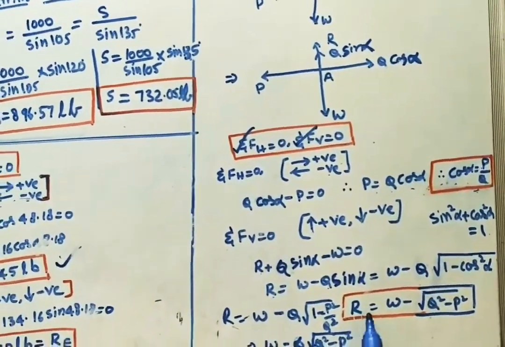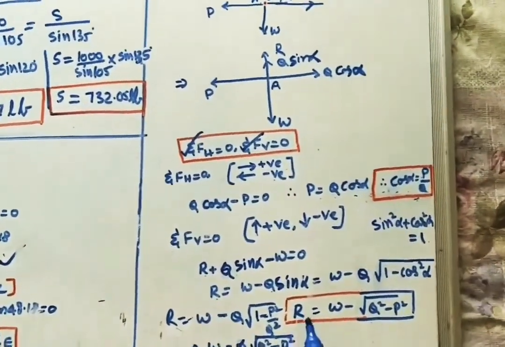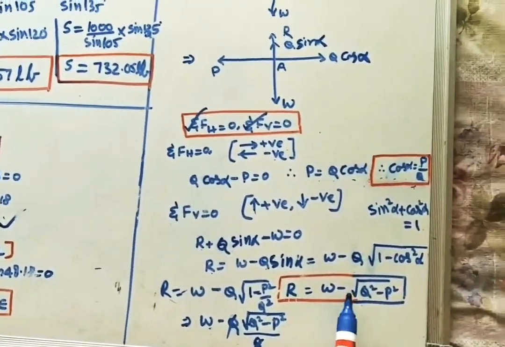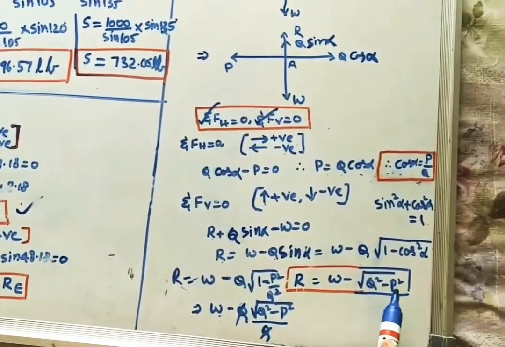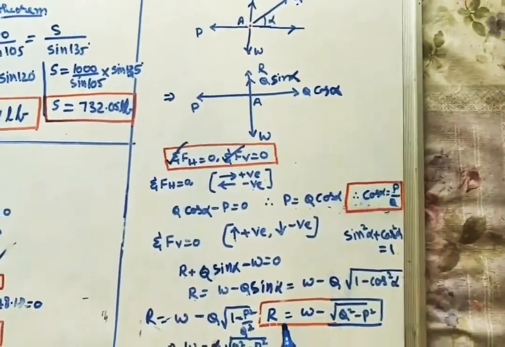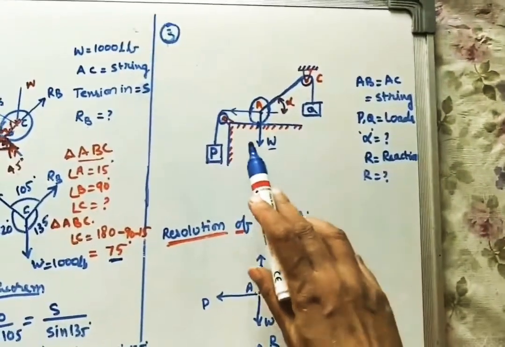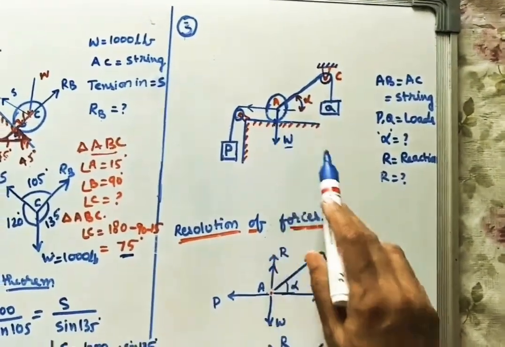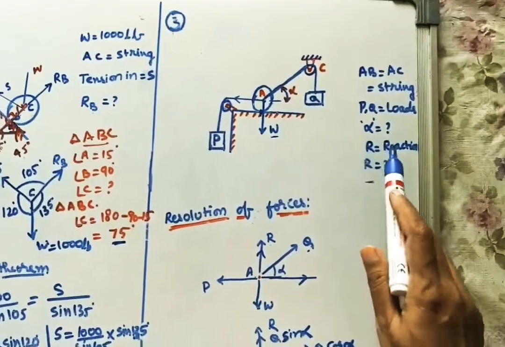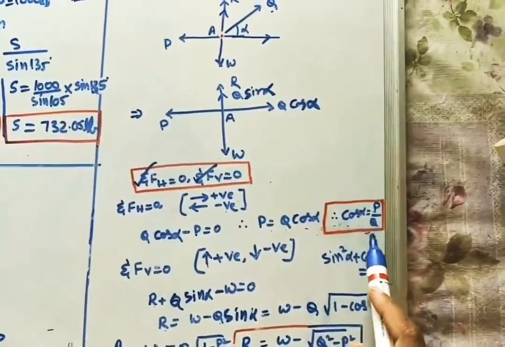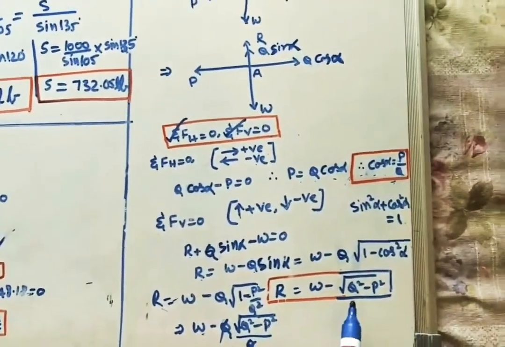The final R is equal to W minus root of Q square minus P square. So this is the reaction we have to find at this point for the roller. So we have to find R value and alpha value. This is the solution. Alpha is cos inverse P by Q and R is W minus this entire term.